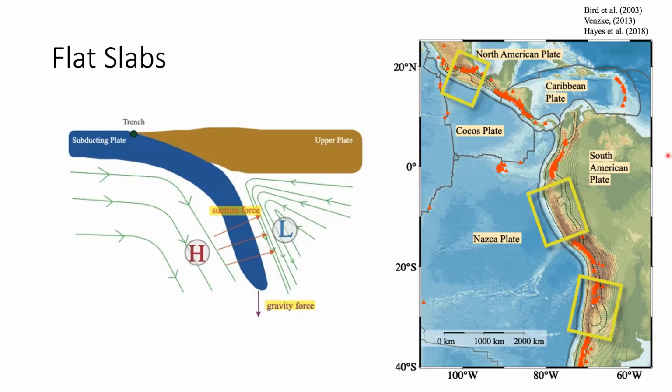Some of the proposed flat slabs are 2,000 kilometers long. We can never generate such a long flat slab, but it might be because our geology is not good enough, or our model domain is not large enough. We don't know.